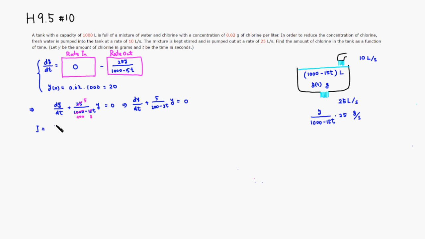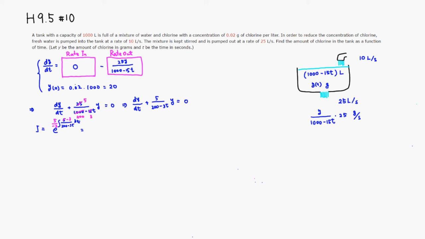So we have e to the integral of 5 over 200 minus 3t dt. I need to do some adjusting, because I would like to have negative 3. So I'm going to put the 5 outside, then the derivative of the denominator is negative 3, so I put negative 3 in the numerator but have to divide by negative 3.